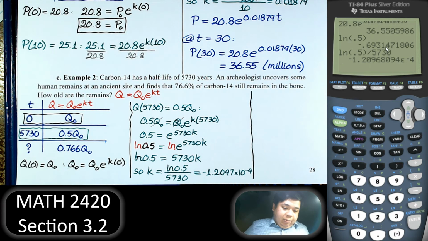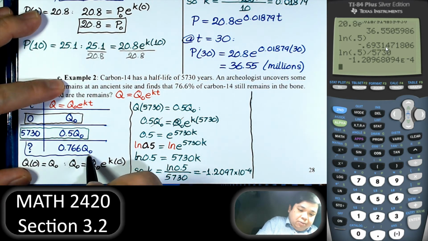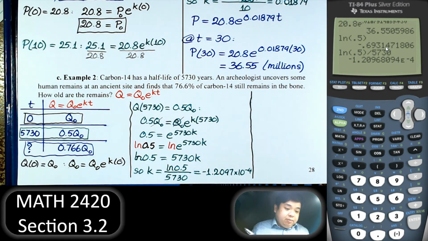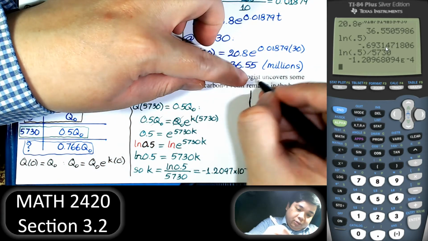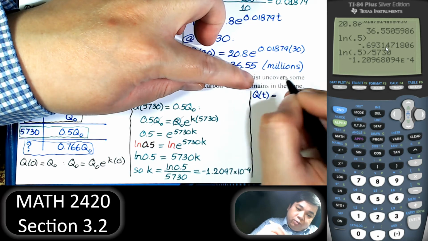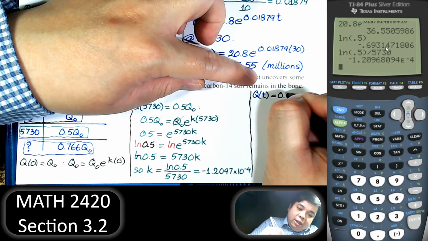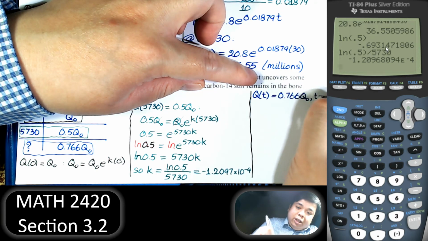Next, the last part of the problem. What would be the time if it is 76.6% left? So we put that information into the equation. Q of t equal to 0.766 Q naught, and we solve for t.